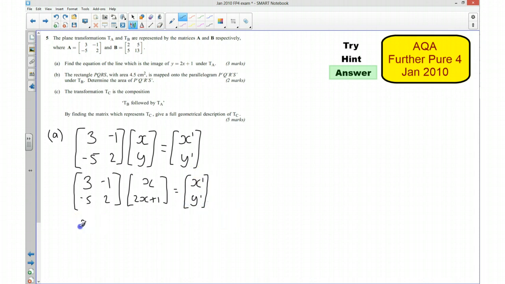Okay, so the image of x and the image of y is going to be equal to the product of this. So I'm going to write this out as a single vector.